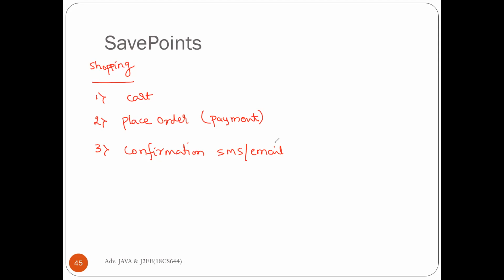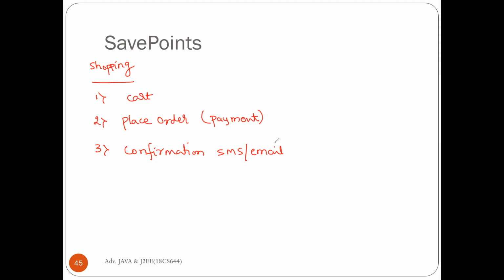Now, let us say the payment is successful and the order is placed, but at the same time the email server is very slow or down. For some reason the email or SMS couldn't be sent. If sending the confirmation email fails, then should all the other tasks in the transaction be rolled back?